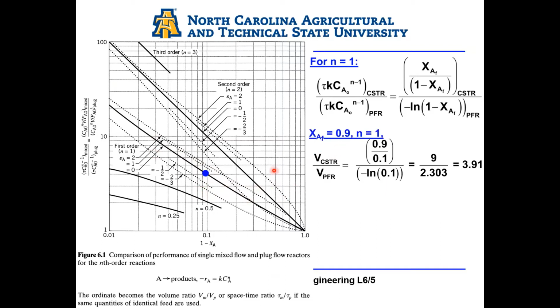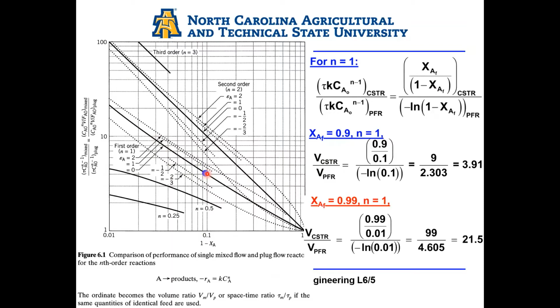If I want a conversion of 0.9, 90% conversion, for a first order reaction, again I'm going to read it off this chart. X is 0.9, so 1 minus x is 0.1, n equals 1, so it's about 1, 2, 3, 4, right? So it's a bit less than 4.